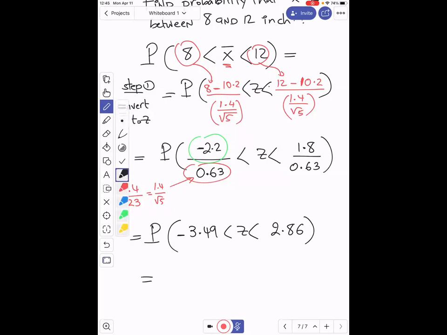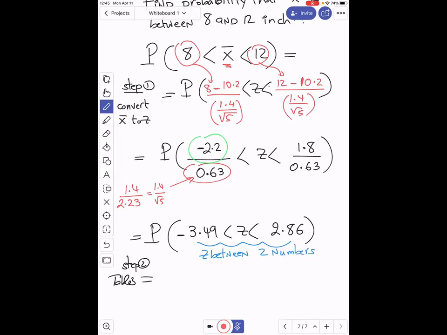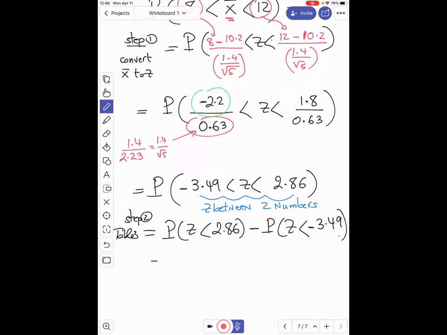Once you compute everything, then of course step 2, where we are supposed to use the chart. This is because z is between two numbers, so that will be the area to the left of the second number. So the probability that z is less than 2.86, minus the probability that z is less than the first one.